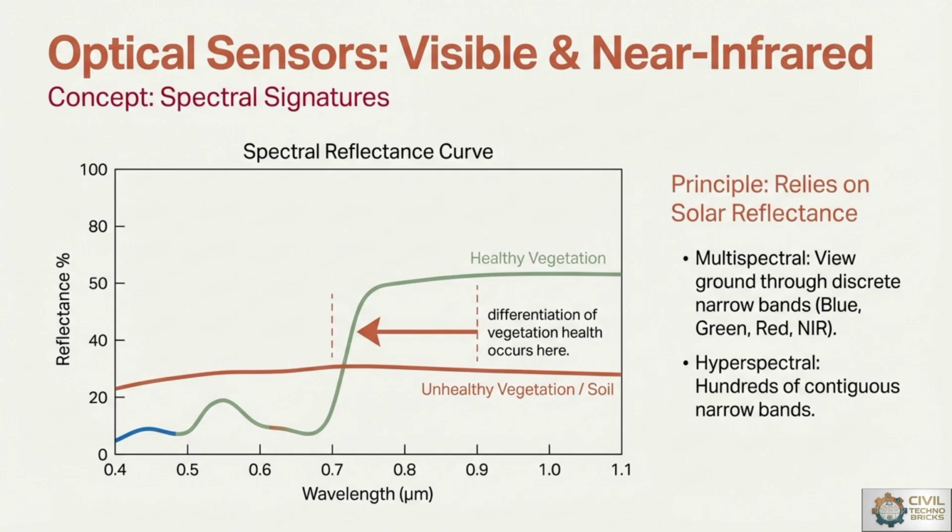In multispectral, we view the ground through discrete narrow bands, means we just have to divide the bands with reference to their width, that is narrow, so that the blue, green, red, near infrared, likewise we can divide with reference to color. So the differentiation of vegetative health occurs here, which is shown in the graphical representation, where the exact increment in the green healthy vegetation will be marked with reference to unhealthy vegetation and soil. Hyperspectral means hundreds of continuous narrow bands are studied.